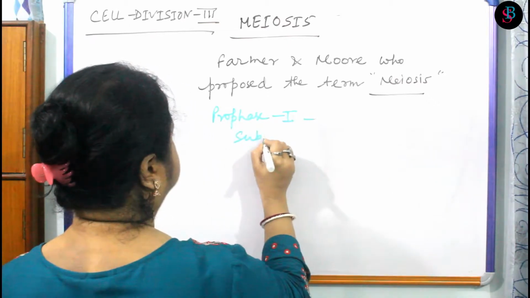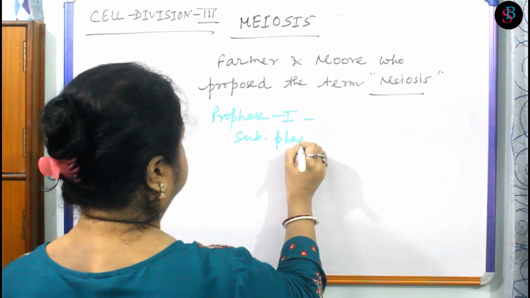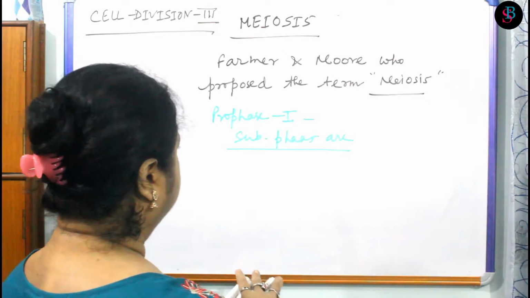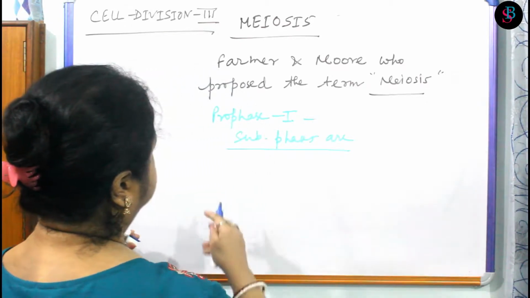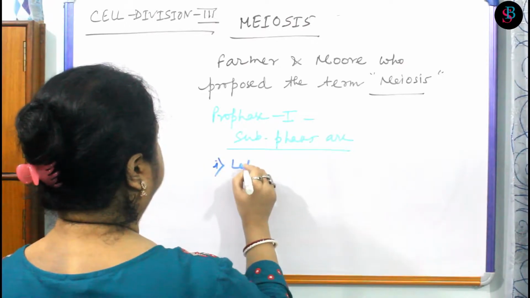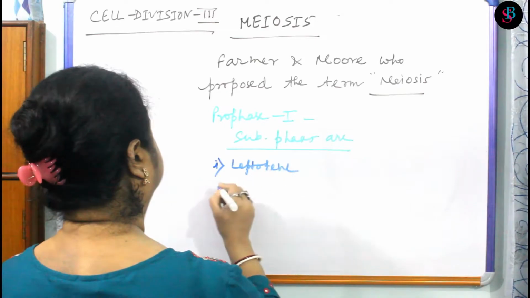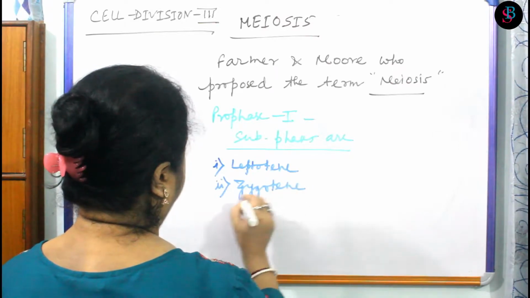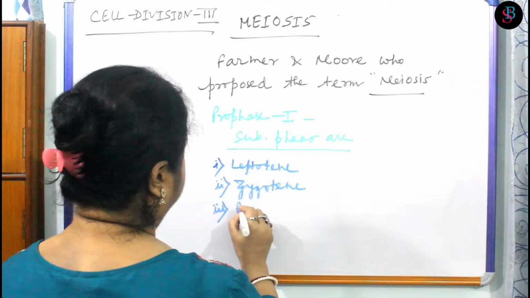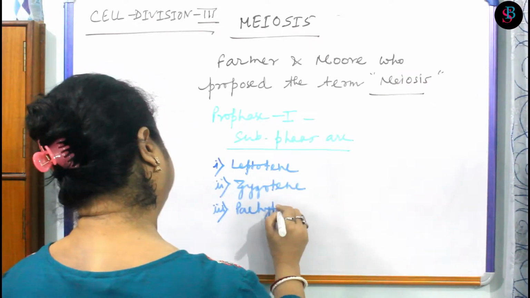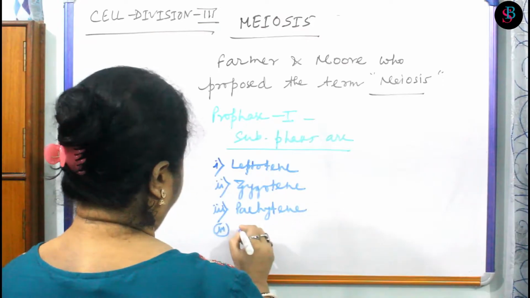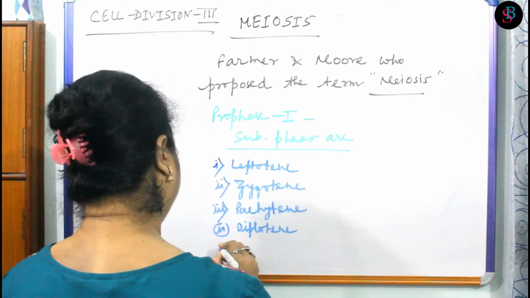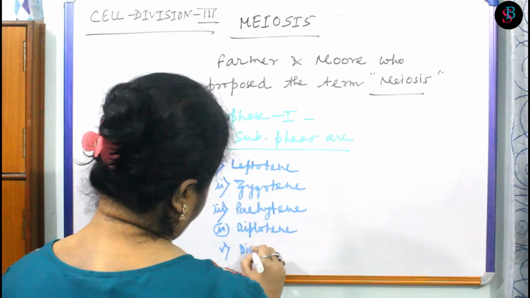The subphases are: number 1 is Leptotene, number 2 Zygotene, number 3 Pachytene, number 4 Diplotene, and number 5 Diakinesis.